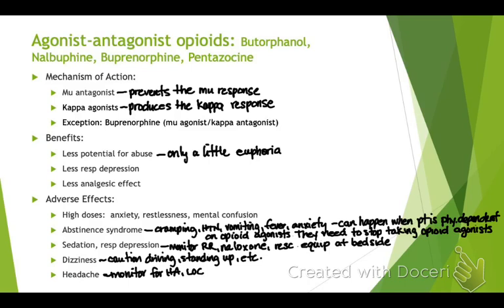So that's why they're agonist-antagonist opioids. The exception to this would be buprenorphine, which is a mu agonist and a kappa antagonist. It's still an agonist-antagonist, but it reverses the normal flow of receptors. Most of your agonist-antagonist opioids will have antagonist mu and agonist kappa.